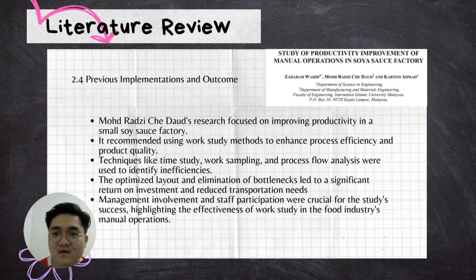The optimized layout and elimination of bottlenecks led to a significant return on investment and reduced transportation needs. Management involvement and staff participation were crucial for the study's success, highlighting the effectiveness of work study in the food industry manual operation.